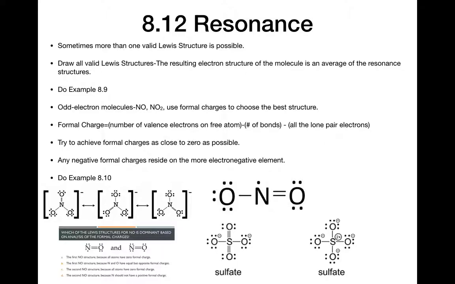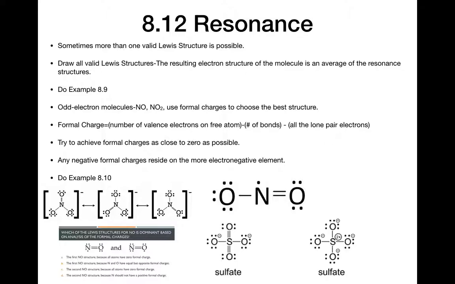One other patch that we sometimes put on the Lewis structure model is when more than one valid Lewis structure is possible. An example of this is nitrate, NO3-. In NO3-, as you see in the lower left, you get a double bond for one of the O's and 2 single bonds to the other O's.